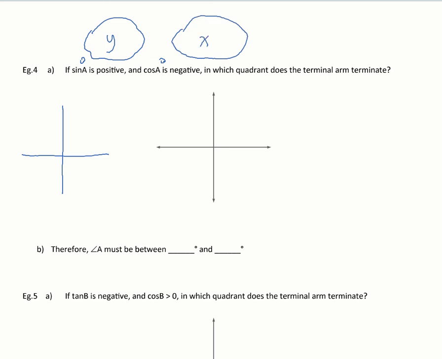So if sine is positive, that means the angle is somewhere where the y is positive. So it's somewhere up there. If cos is negative, then x is negative, and we must be somewhere where x is negative, which is in these two quadrants.